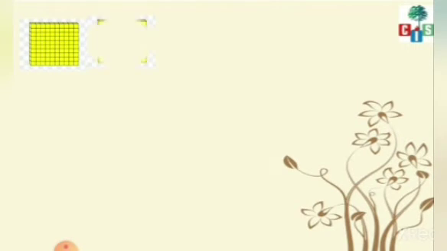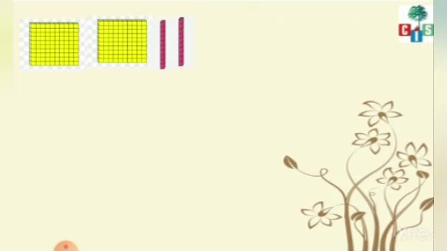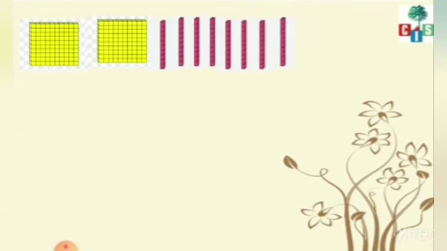Two blocks of 100. And let's see how many tens are there. 1, 2, 3, 4, 5, 6, 7, 8, 9. What was our previous answer? 280. Now our answer is 290. Right?